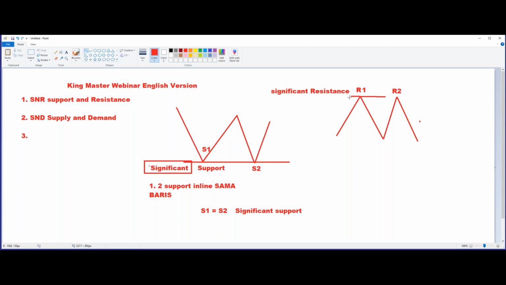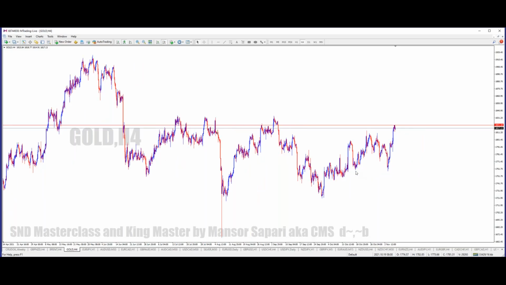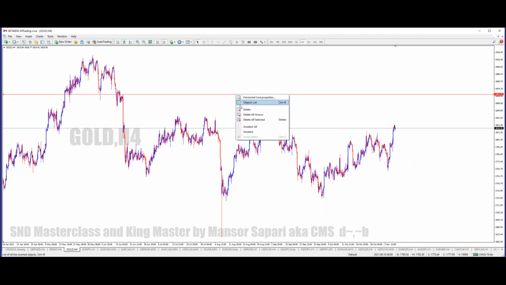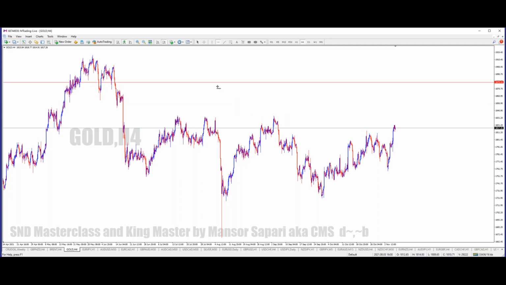Usually I only look for this kind of significant support and significant resistance in the chart itself. Let's suppose I open a chart here. This is my M trading account. If I do a marking here, let's suppose I just open a horizontal line.